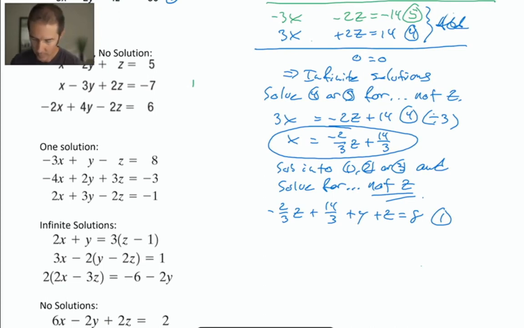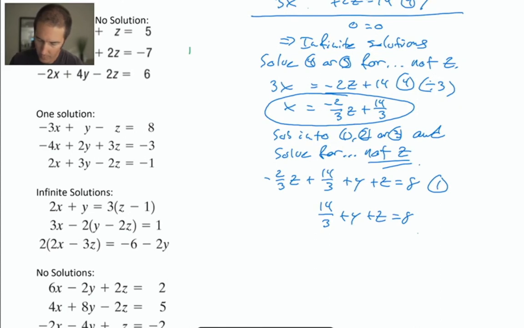I will add the negative 2/3 z over to the right hand side. I'll put a little note on the right hand side that tells me what I did. I added 2/3 z to both sides.